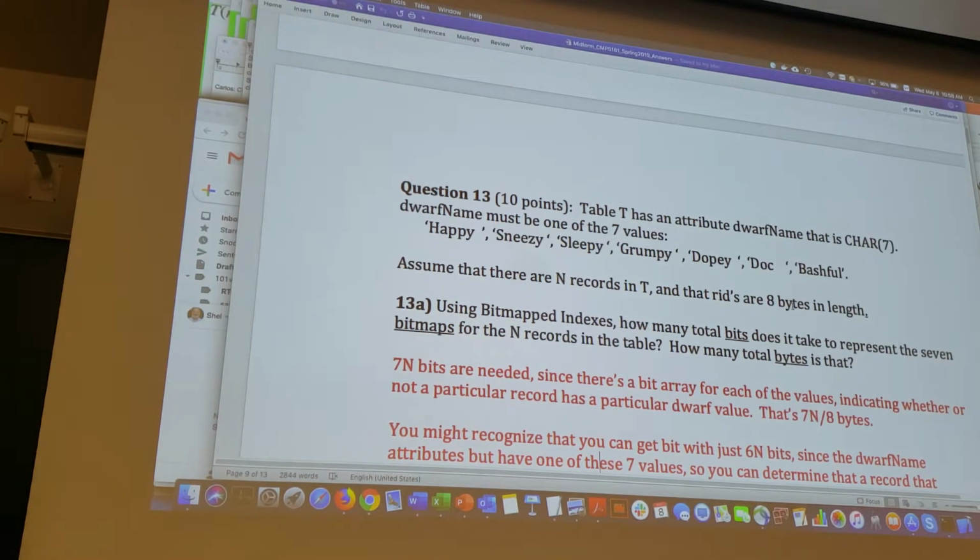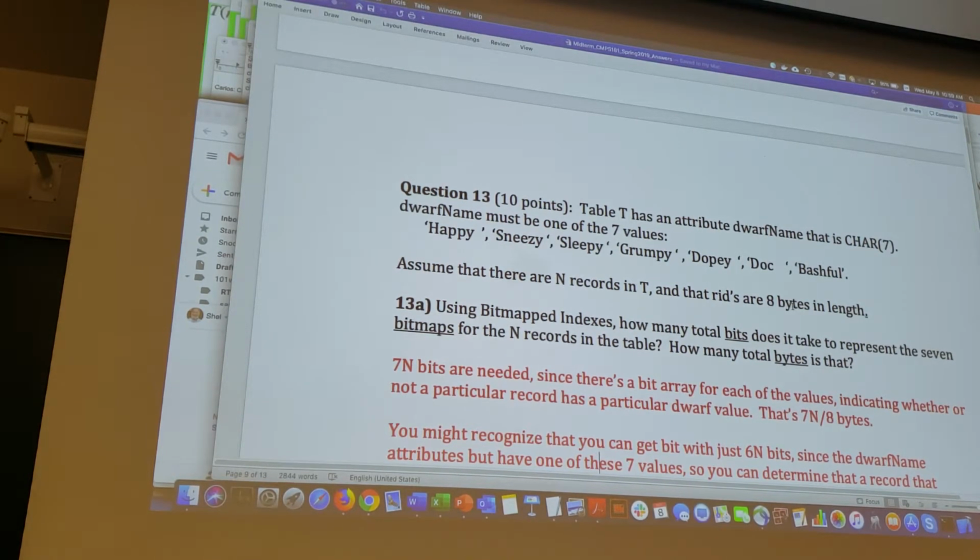There also is a potential third answer, that you could have a record that was deleted. And if you had a record that was deleted, then you might want to have another bitmap to represent that. But frankly, you could figure out a record that was deleted just by having the 7n bits. In other words, you don't have to have a bit that says the record is deleted.